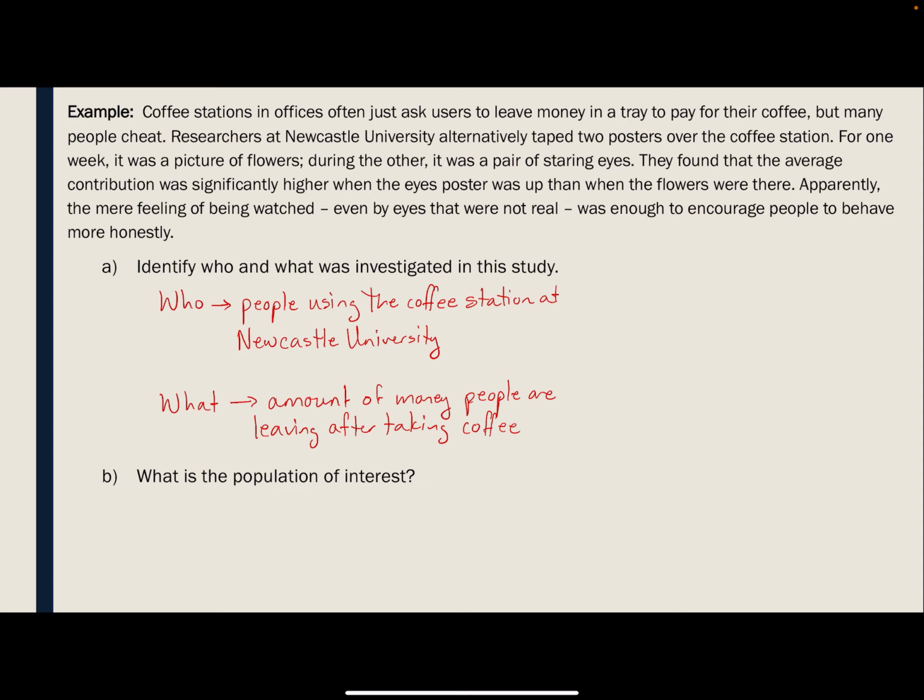I would argue that they're trying to understand all people who are asked to be honest, right? So it's bigger than that. The population that they're really trying to make some kind of inference about is all people who are asked to be honest.